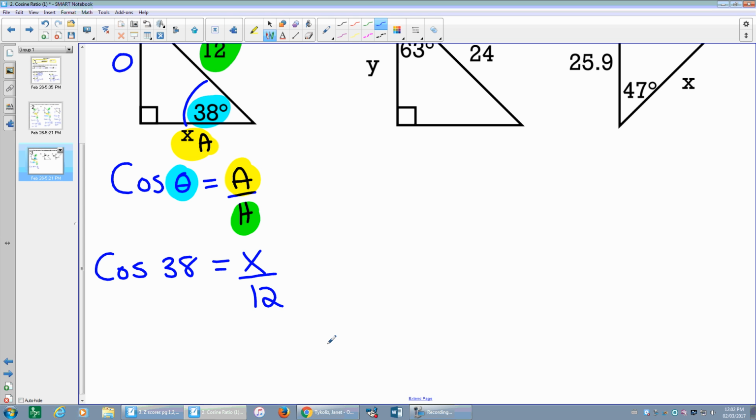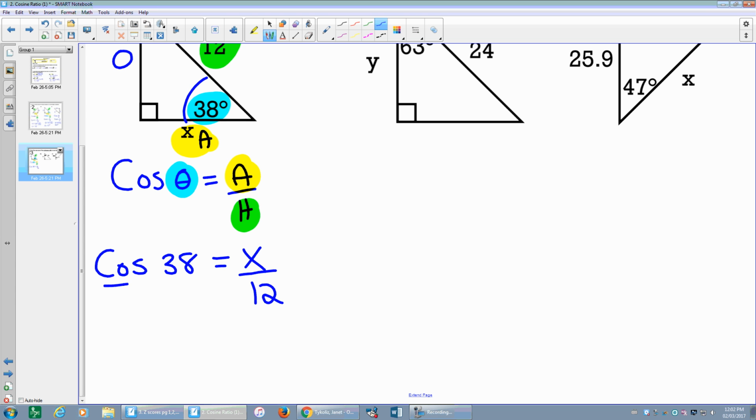So similar to yesterday, we're going to use cross multiplication to solve. So that becomes over 1. And I'm going to draw an X to figure out what I have to multiply together. So what am I multiplying together? 12 times cos 38 is equal to 1 times X, which just gives me X.